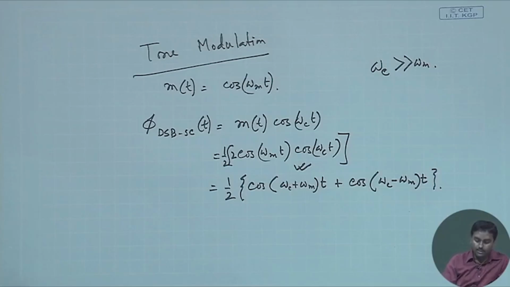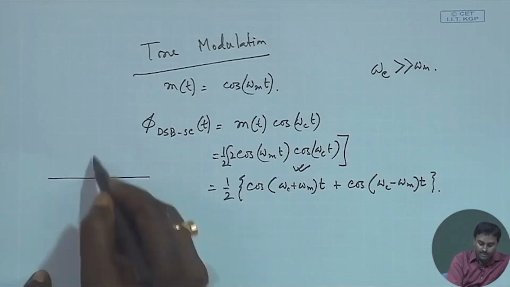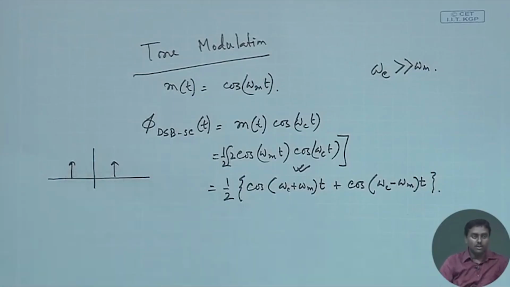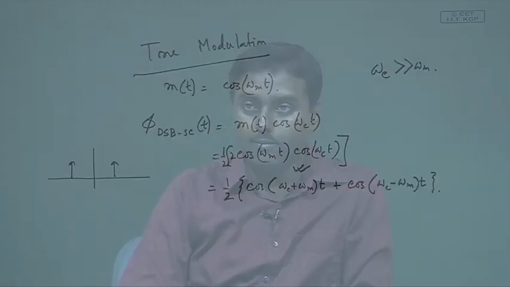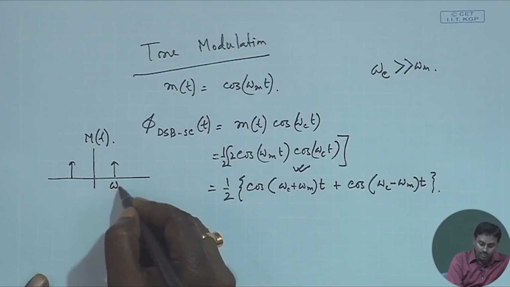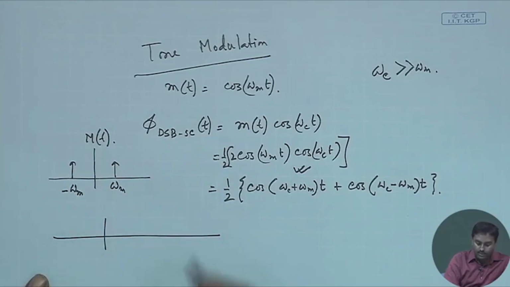If you just try to see in the spectrum what is happening, our modulating signal was sinusoidal, a cos. We have already said that cos in the frequency domain can be represented as 2 delta functions. If I just put this as M(f), this is at omega m, this is at minus omega m. Whenever we modulate, there are 2 cos now, one is cos (omega c plus omega m).